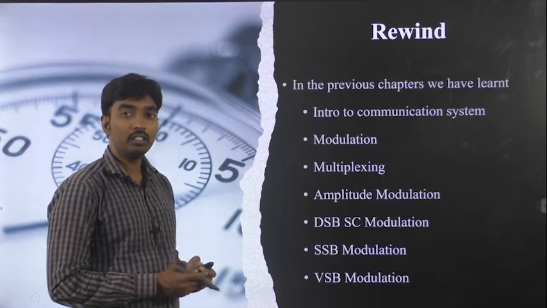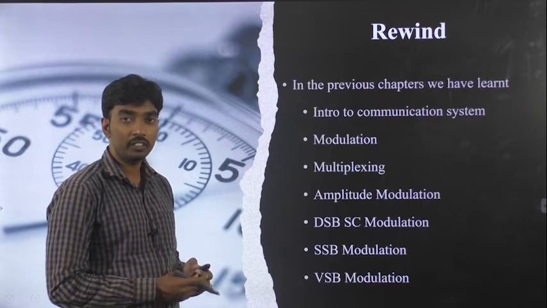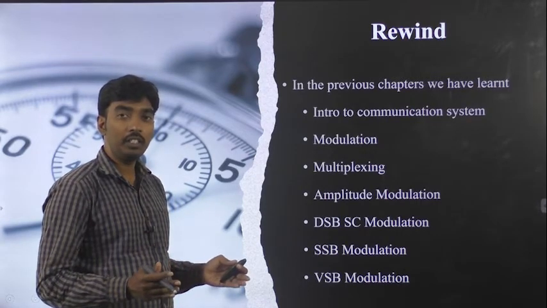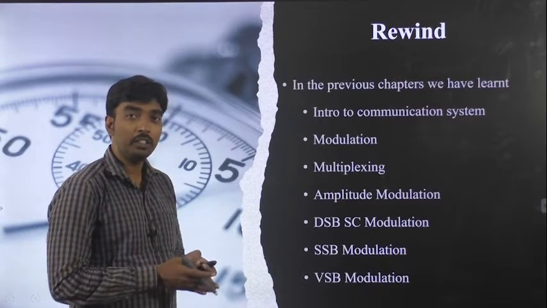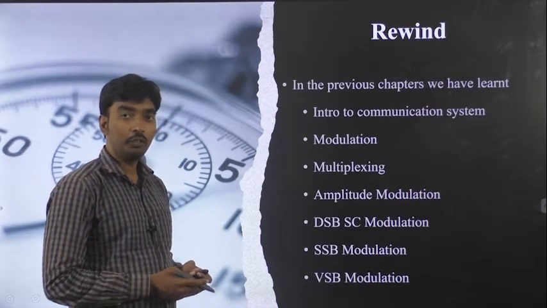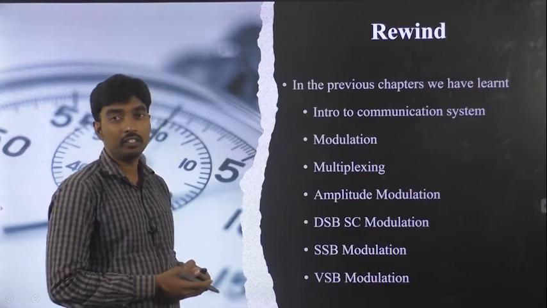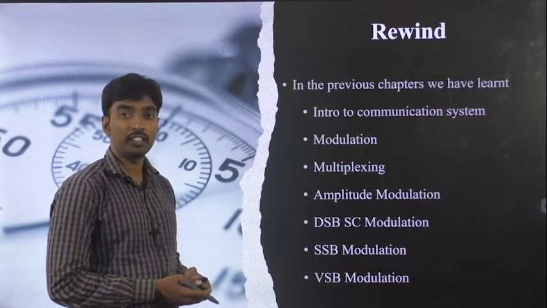Each user will transmit the information with different carrier frequencies. All these carrier frequencies will be multiplexed, combined and transmitted over a single channel. At the receiver side, we are able to distinguish or separate the frequencies and deliver to the respective destinations.